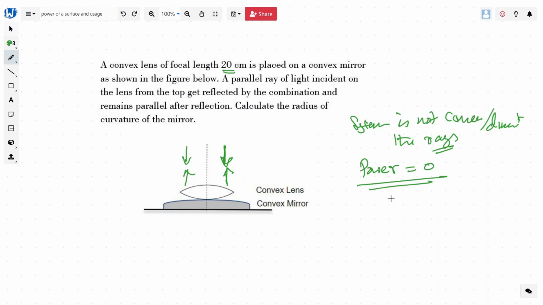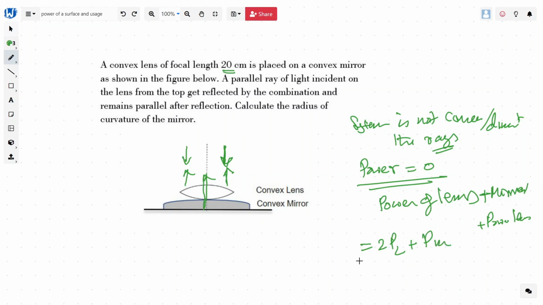Okay, and we know that the power of the system is power of lens, okay, and plus the mirror, and again it is getting reflected, right? So it is going to be power of lens again, okay, 2 times the lens. So 1 time here, then the mirror, and then the lens. Okay, so 2 times power of the lens plus 1 time power of the mirror. Okay, and that is going to be equal to 0, right?